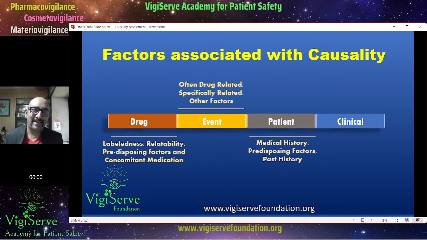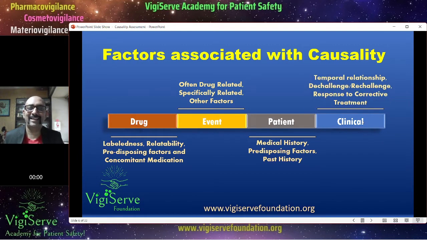So the adverse event may even be patient related. So what all factors? The medical history of the patient, the predisposing factors, and the past history. It is possible that the patient had an allergic reaction to penicillin when he was small, and if now you start something like a cephalosporin, the patient may develop an allergic reaction with the new medicine, right? So that is also a possibility.